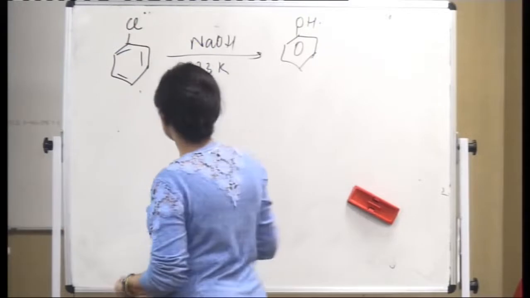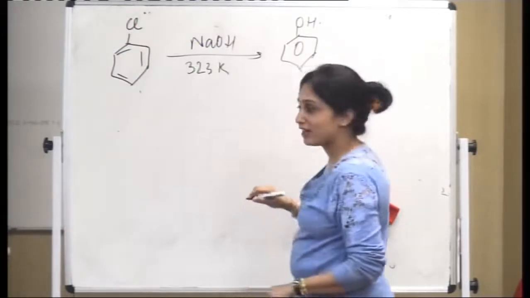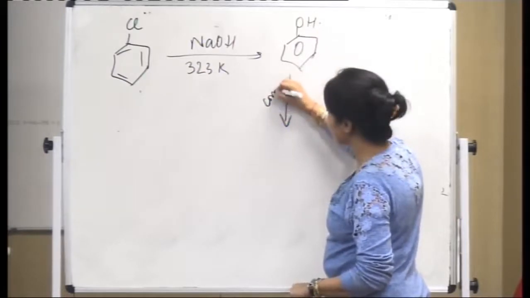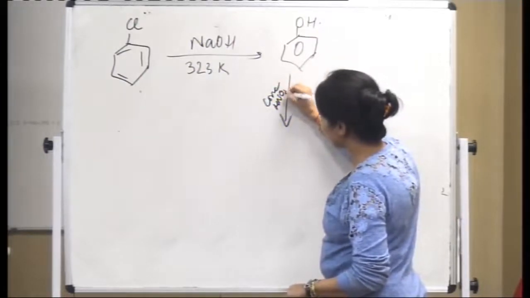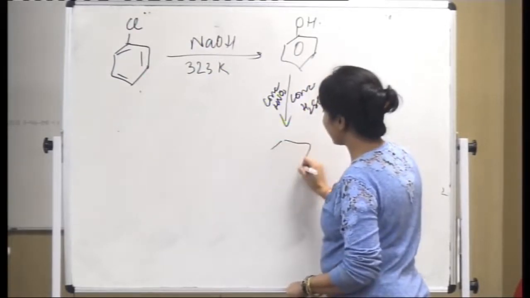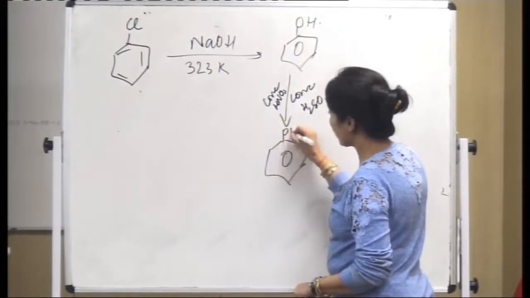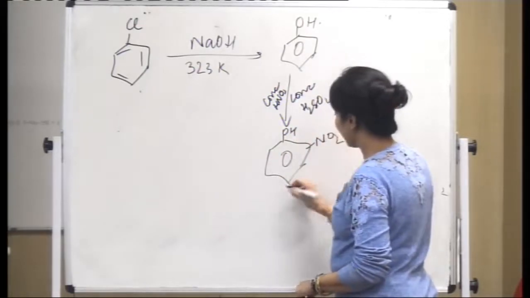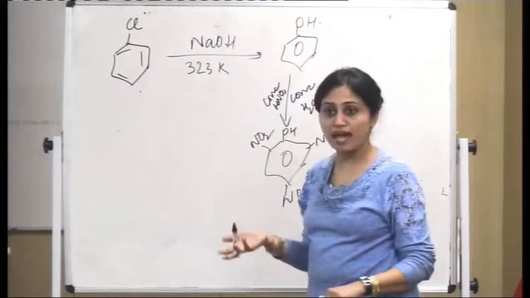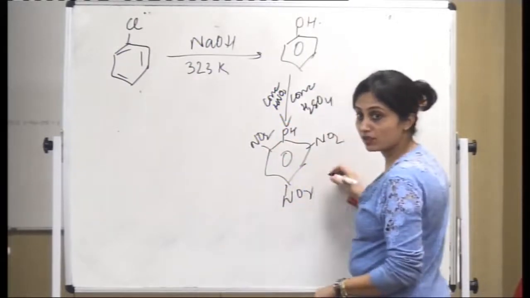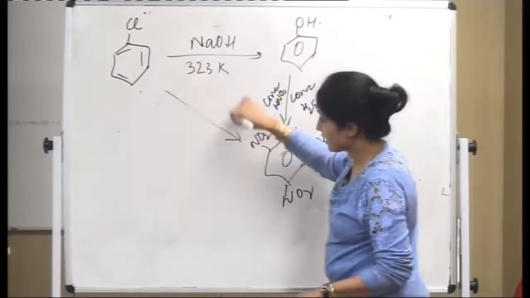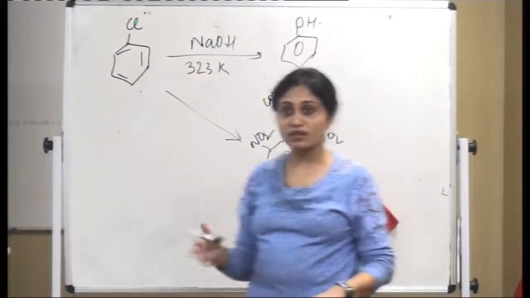And let me just tell you at this point that when you make this react with concentrated HNO3 and concentrated H2SO4, then it forms OH with NO2, NO2, NO2, as the ortho and para positions get substituted, and this is known as picric acid, because this conversion is asked many a times. It's one of the favorite questions.